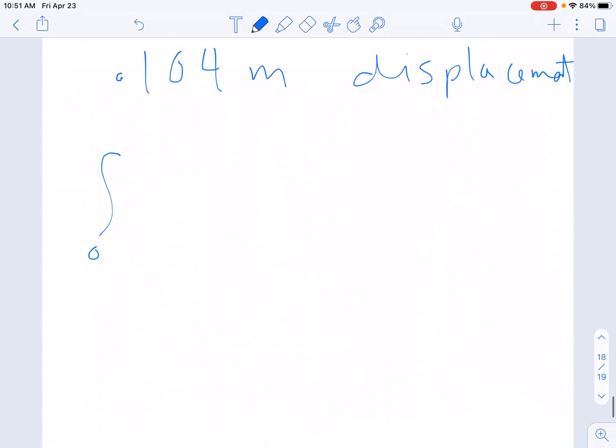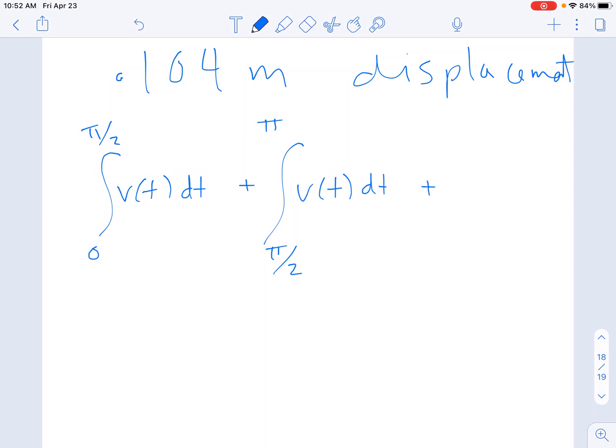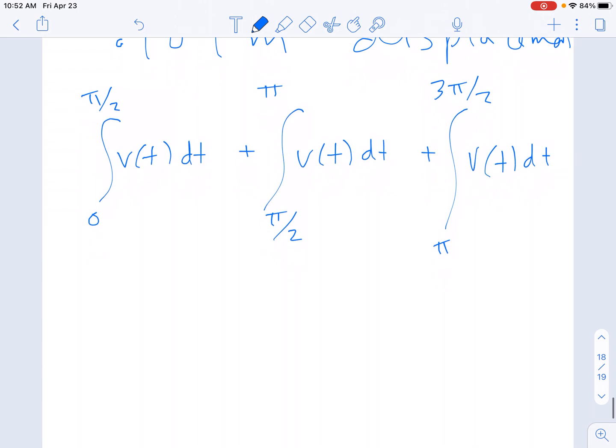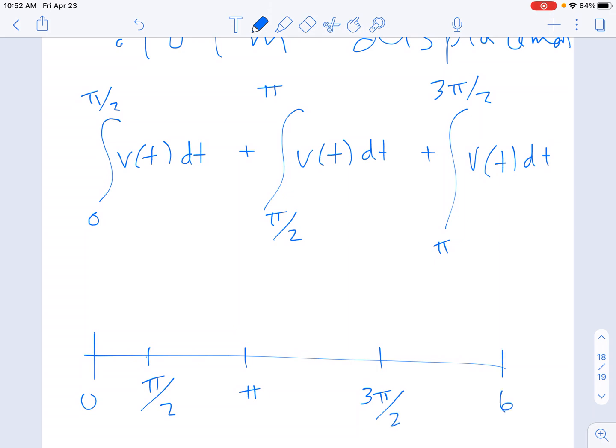So we're going to have 0 to pi over 2, pi over 2 to pi, and pi to 3 pi over 2. And we are going to make a sign diagram to figure out when it's going right and left. And this is going to go to 6.